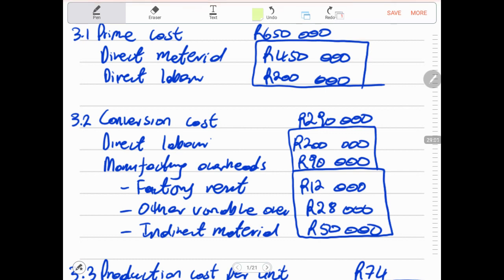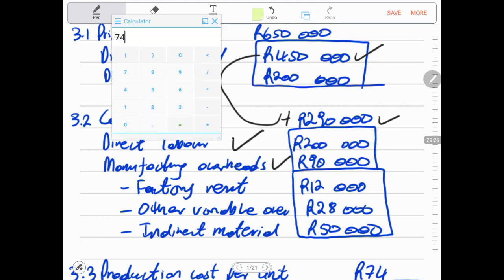Meaning we can just take the conversion cost plus direct material. Remember, our conversion cost is only made of the total of our labor and overheads, meaning we only need to add our material of 450,000. The minute we add our material, this will give us our production cost in total.